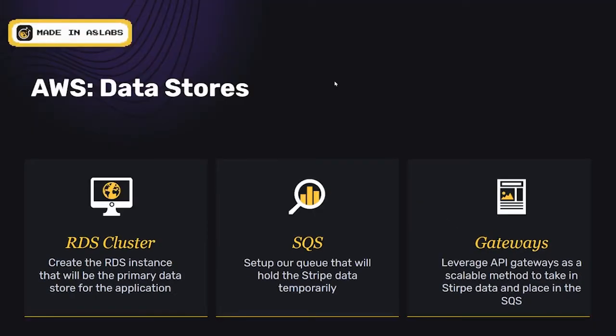Okay, so number one, data stores. We use an RDS cluster as our primary data store. We use AWS Aurora, which is basically just MySQL 5.7 in a different skin, and it's a managed service.